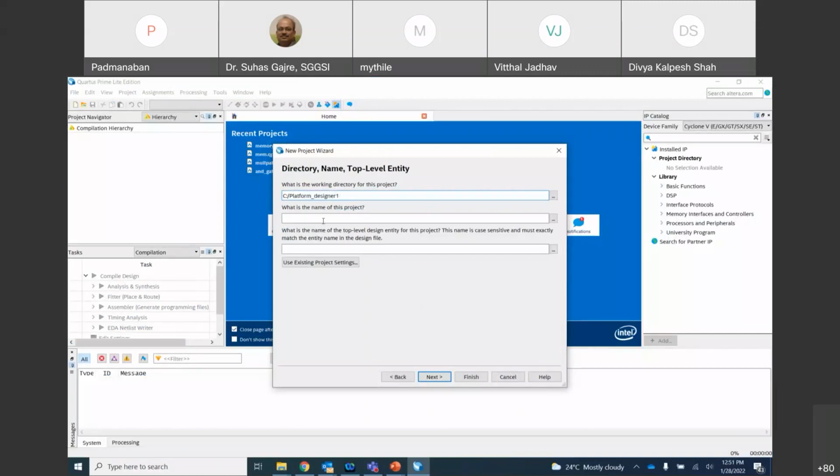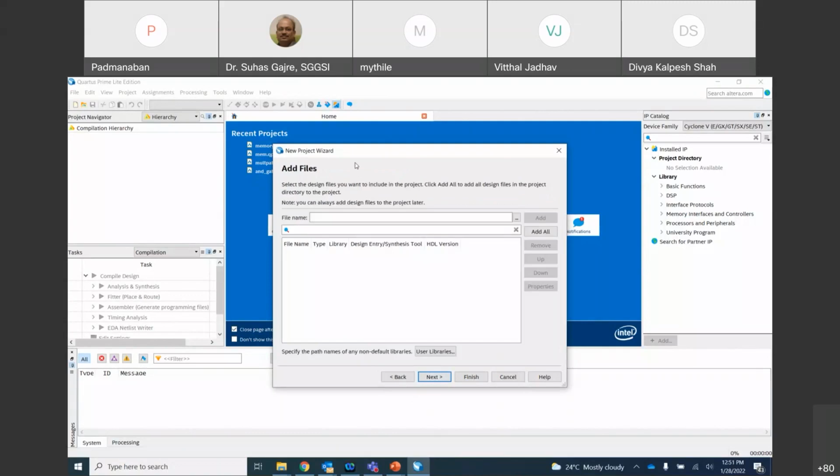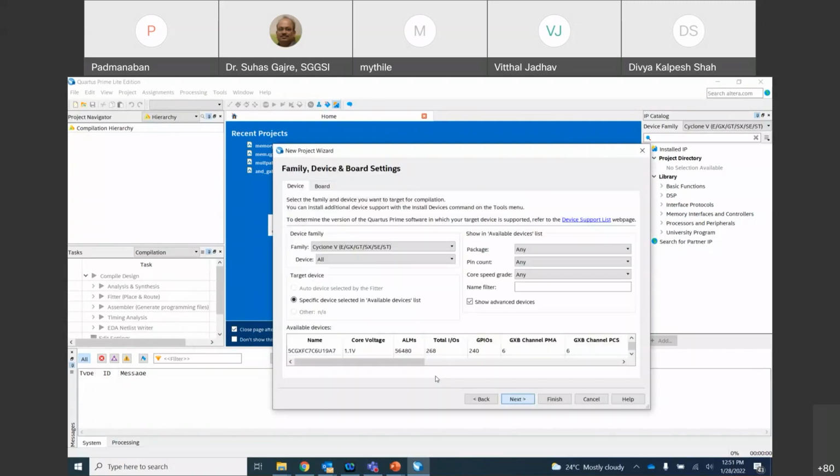What is the name of the project? Just say top. We can include whatever components we want. Then you say next, create it as an empty project and follow the same steps as we did before.